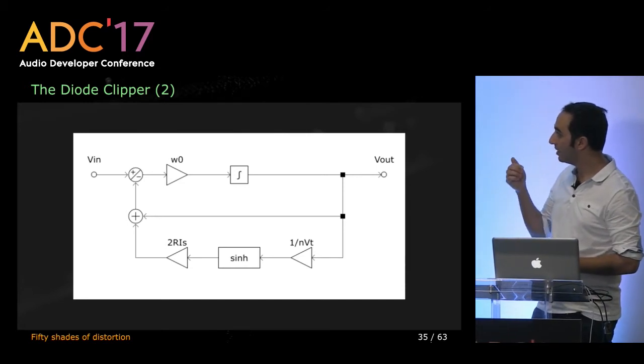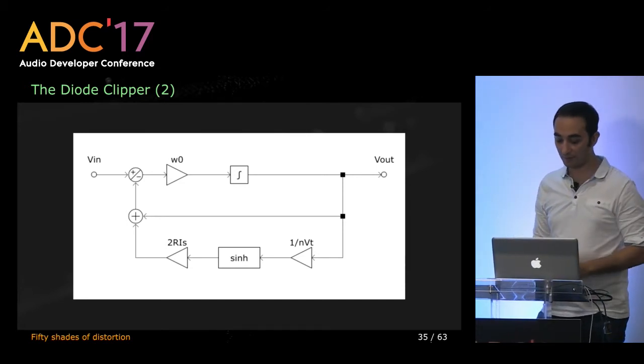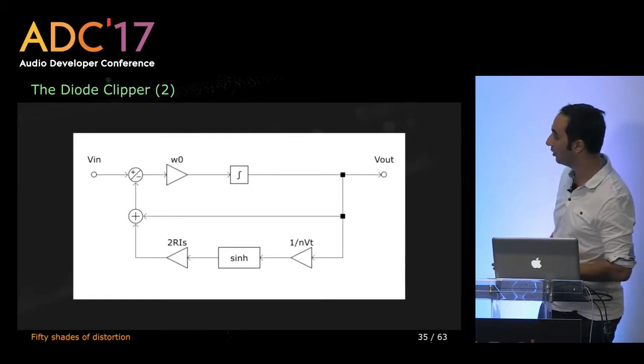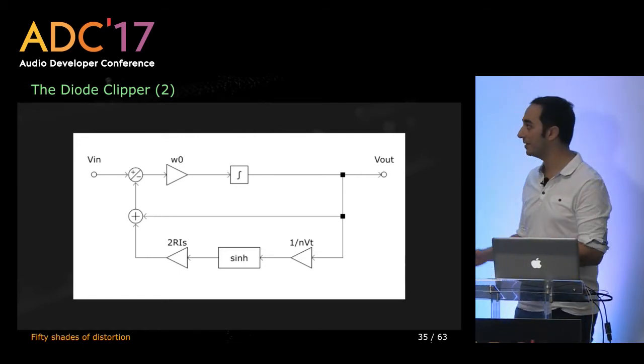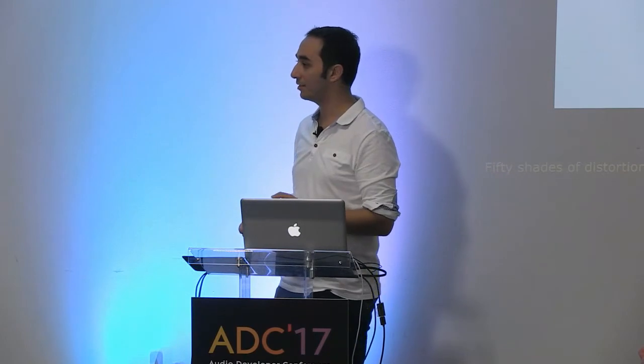As we can see, we have a very important thing here. We have feedback loops. And this is what makes the difference between our previous algorithms and something that will sound more analog.